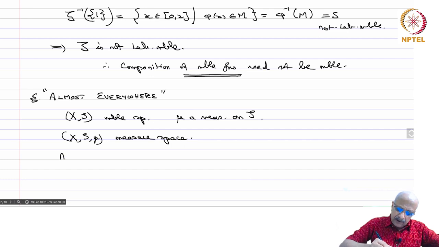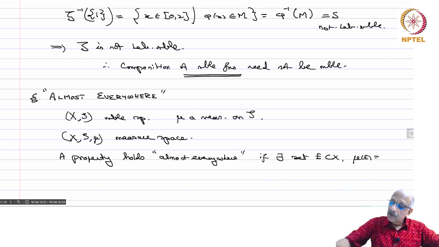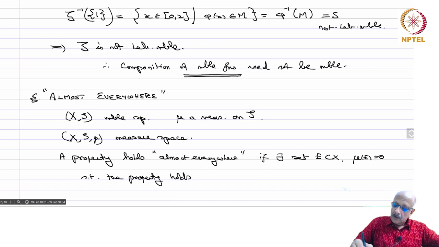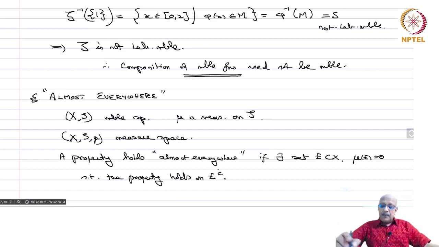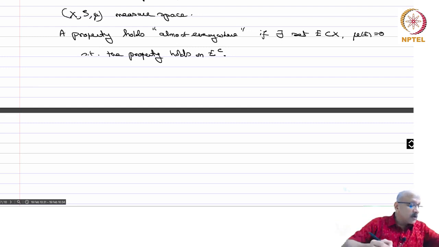So we say a property holds almost everywhere if there exists a set E contained in X, mu of E equal to 0, such that the property holds on E complement. So when a property holds almost everywhere, it's true except possibly on a set of measure 0. Let us give some examples.